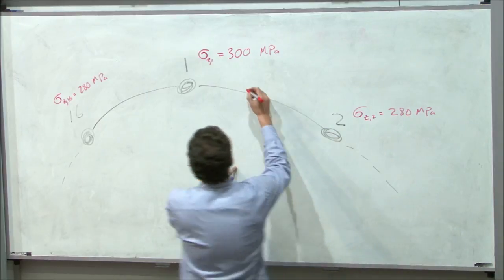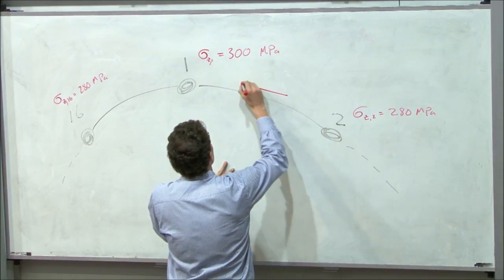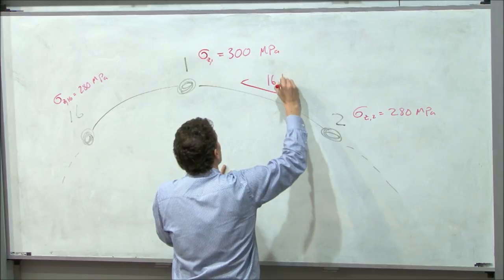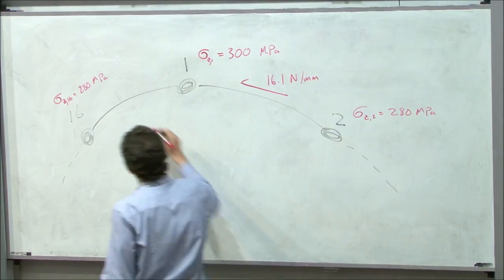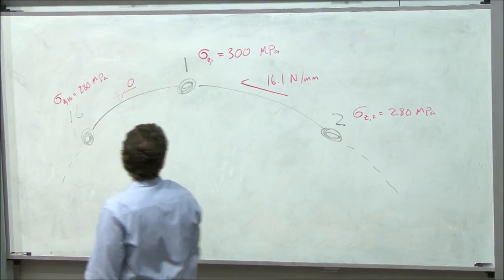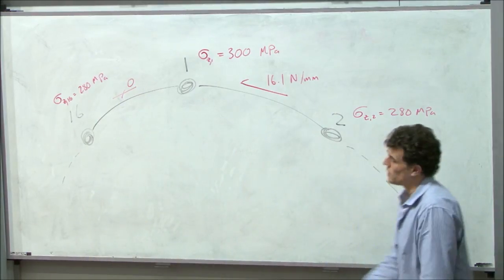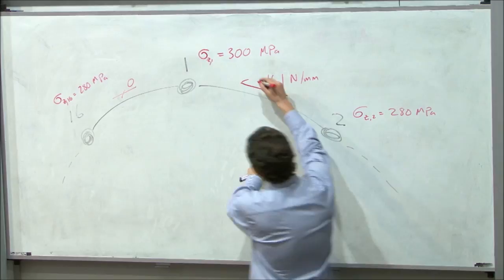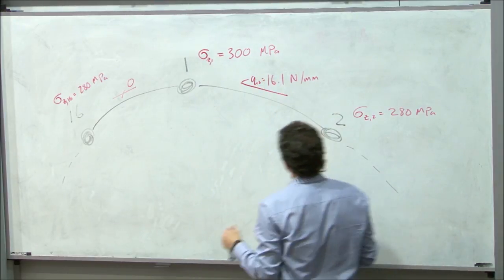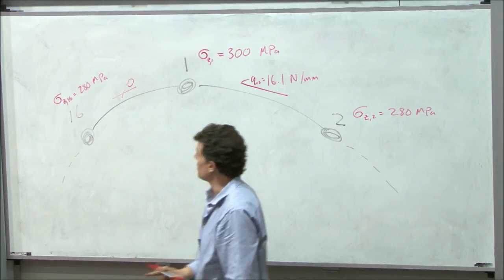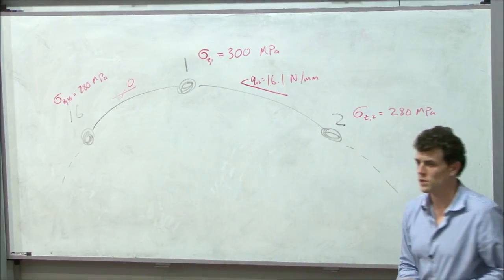Okay, so this here is Q12 is 16.1 newtons per millimetre, and there's 0 in Q16.1.